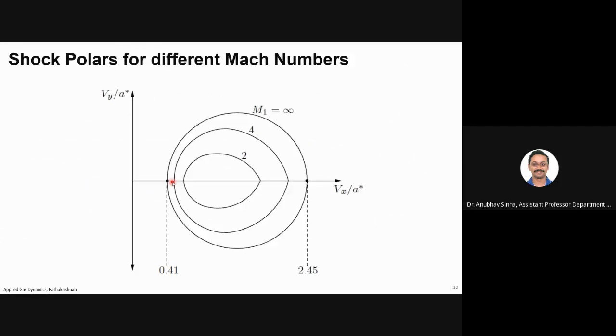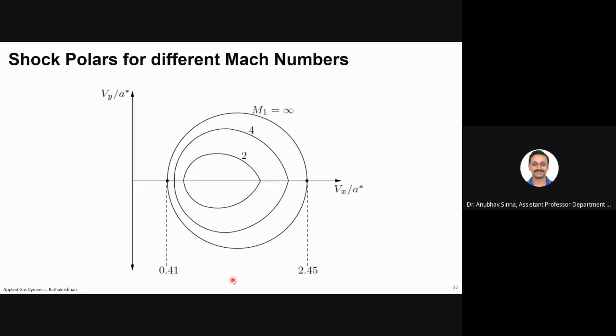We can also draw, as in the last slide you have seen, a circle for M equal to 1. If we take different values of M, let us say 2, 3, 4, this is the different way in which we can draw. You see, it is not forming a circle, it is forming sort of an oval elongated shape. But you will get a circle for Mach number equal to 1, and you will also get a circle for Mach number equal to infinity.